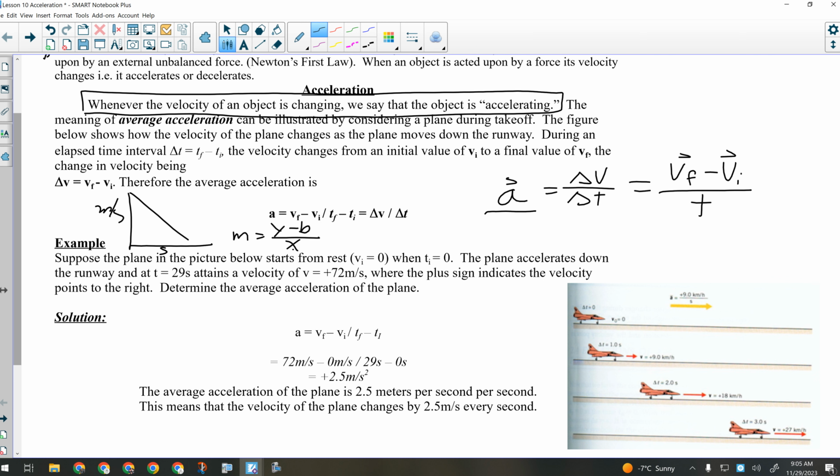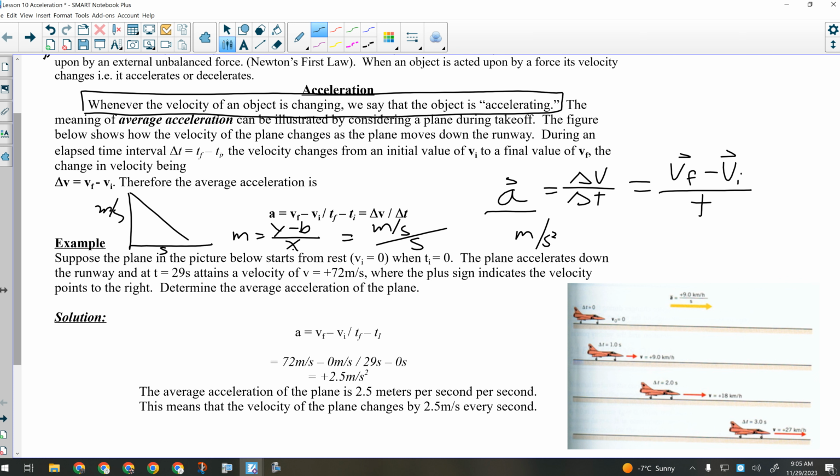That's going to give me meters per second divided by seconds. So the units for acceleration are going to be meters per second per second, which we typically write as meters per second squared. Now sometimes that bothers people, that squared in there. It does not mean the number is squared.